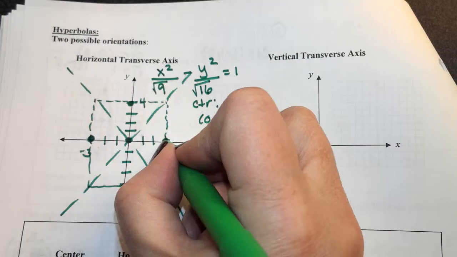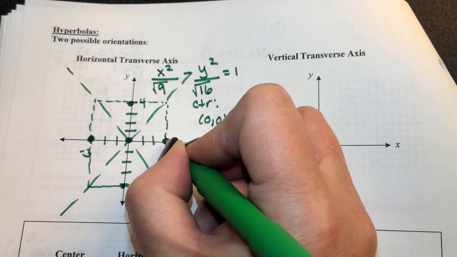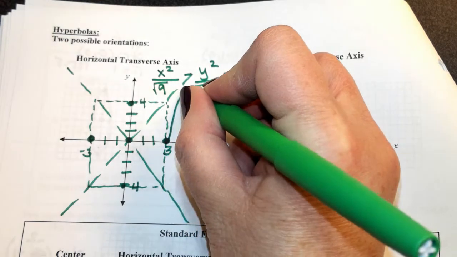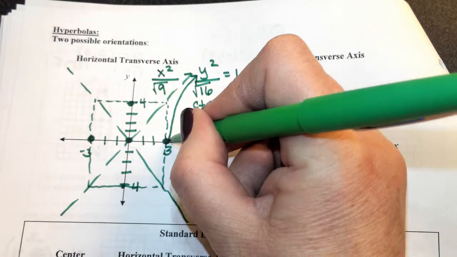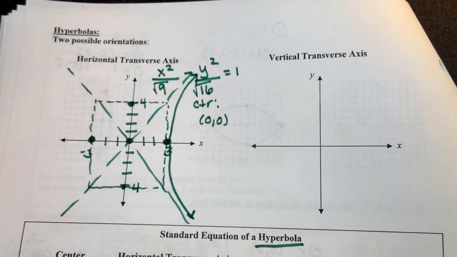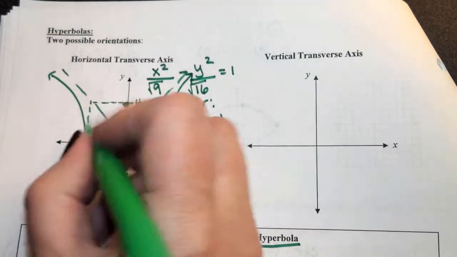So this point that I put right here on my x-axis at 3, 0, that's the vertex of the parabola. So now you can use your dashed lines that you sketched to get your graph really, really close to the asymptotes without crossing or touching them. That'll give you one branch. And then for the other branch, you'll use that negative 3, 0.